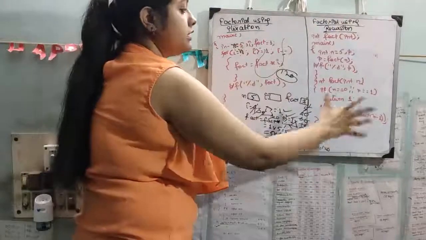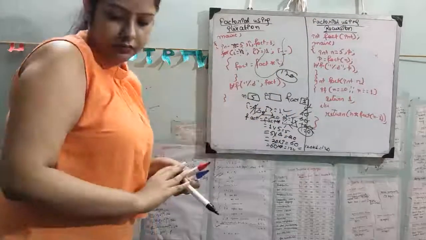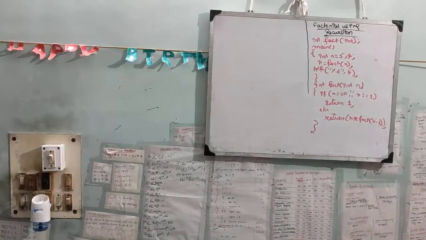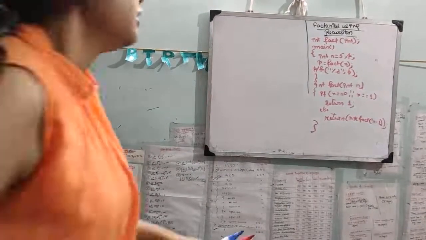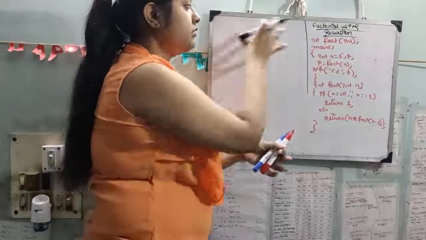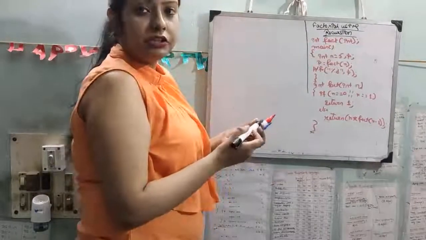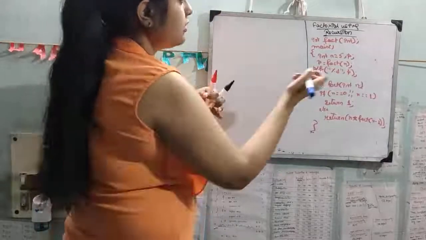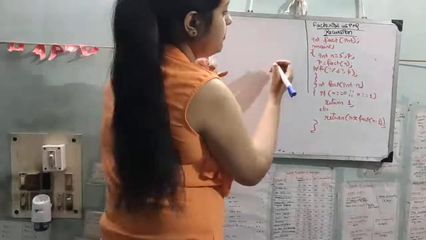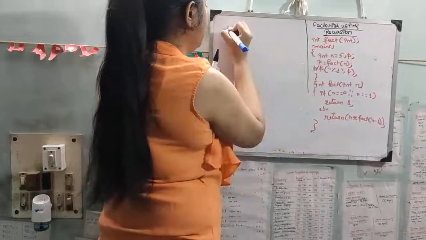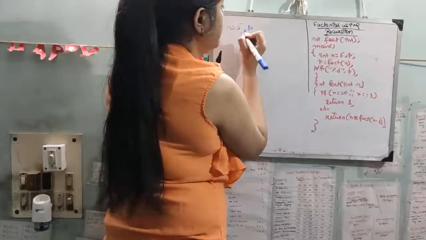Now we will do the recursion in a better way. Now I have erased this portion. I will use this space to do the recursion. So here let's see the same thing using recursion. Main, int n equals 5. Then p.